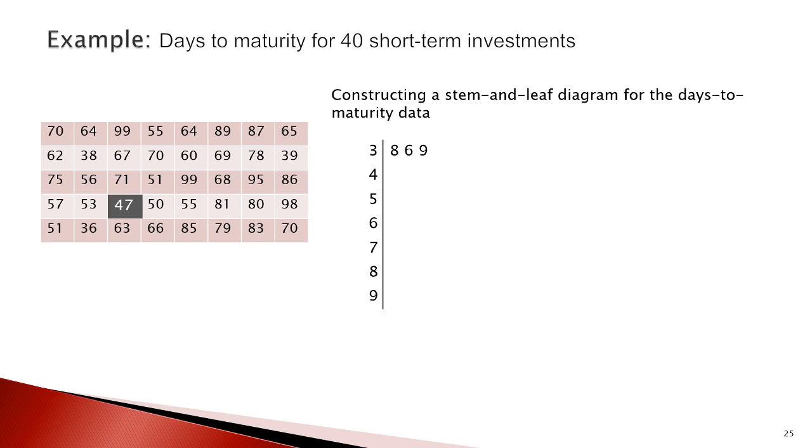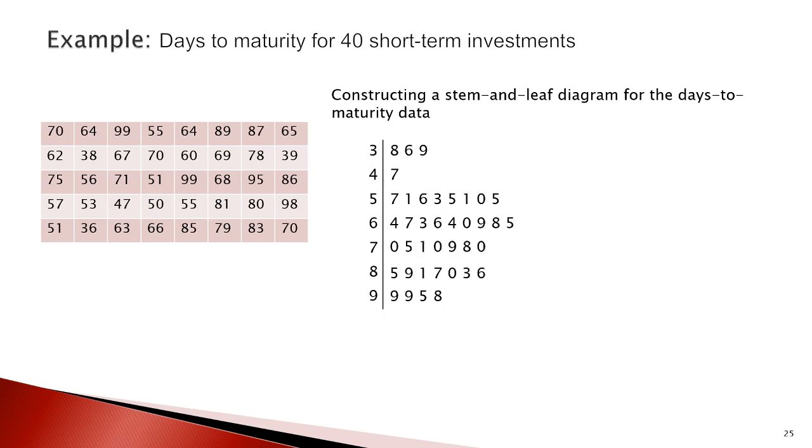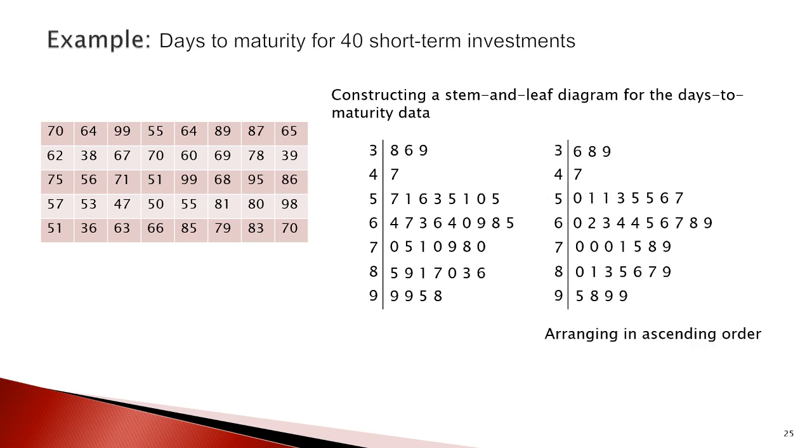For example, for 4 we have only 47, so we put 7 next to 4, like that. Similarly, you can get the values for 5, 6, 7, 8, 9. And then we can arrange those data into ascending order.